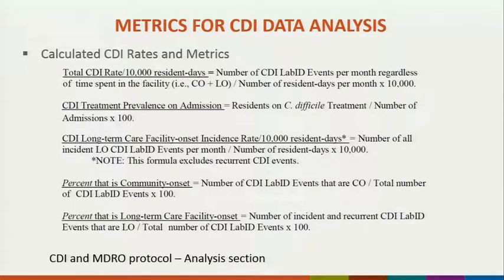The calculations and the analysis reports are based on metrics defined in the protocol. Here, I'm showing just a glimpse of what you can find in the protocols for both the CDI MDRO, as well as, I'll show on another slide, the UTI protocol.